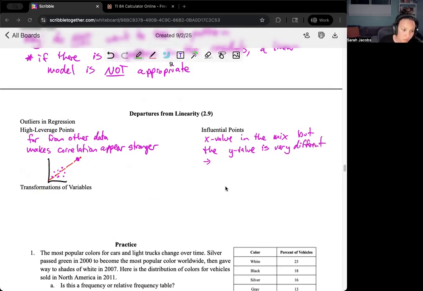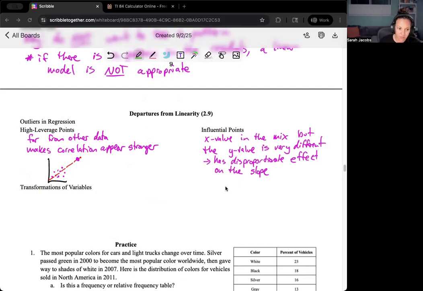And this has a disproportionate effect on the slope. It's a thing, so we're going to use effect. A for action, A is the verb, E is the noun. Disproportionate effect on the slope. I think I used the wrong effect last year.